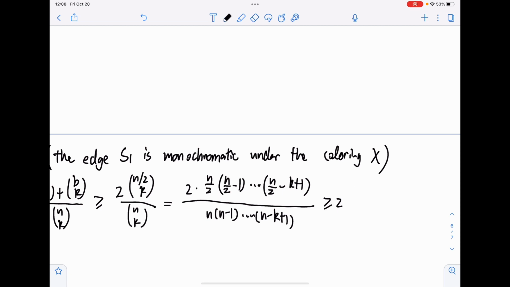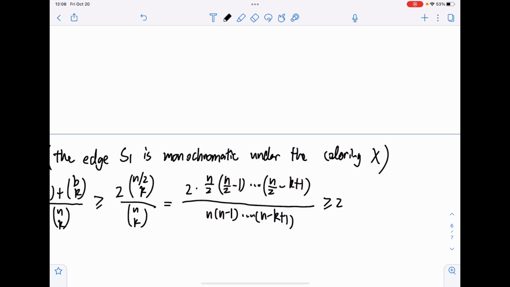And since the edges are chosen independently at random, then for any coloring chi, the probability of chi being a proper coloring is less than or equal to 1 minus this probability we got, constant times 2 to the power of minus k, to the power of m, which is less than or equal to e to the power of negative c times 2 to the power of negative k times m.